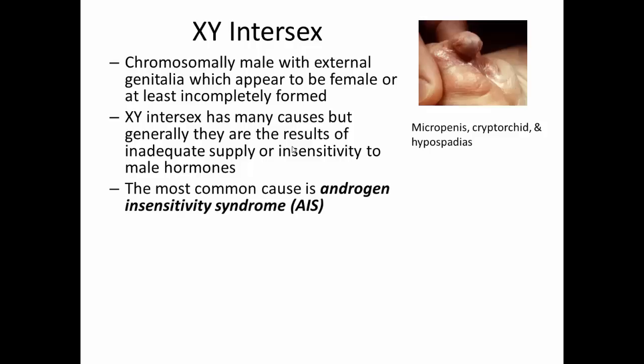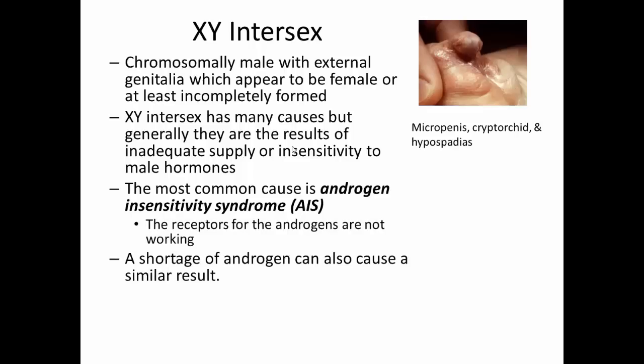And so the most common of these is going to be what we call androgen insensitivity syndrome, so AIS. And in AIS, there's simply poorly formed receptors, or an absence of receptors. And if you had a shortage of androgen and an XY phenotype and genotype, you would have the same issue.